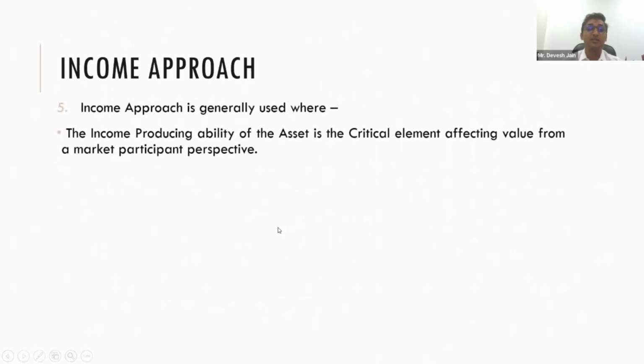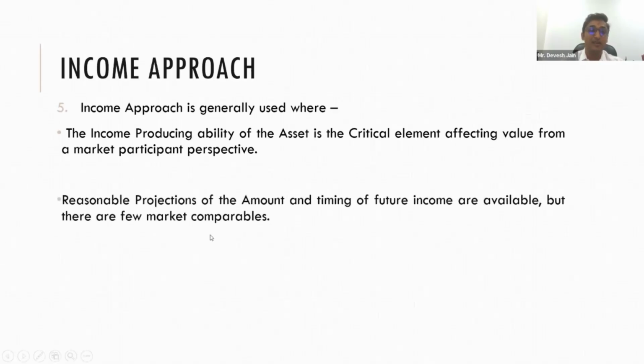Income approach is generally used where the income producing ability of the asset is a critical element, where we do not know the market conditions. At this point, income approach is the most helpful to us. And there are reasonable projections of the amount and timing of future income available, where there are few market comparables.